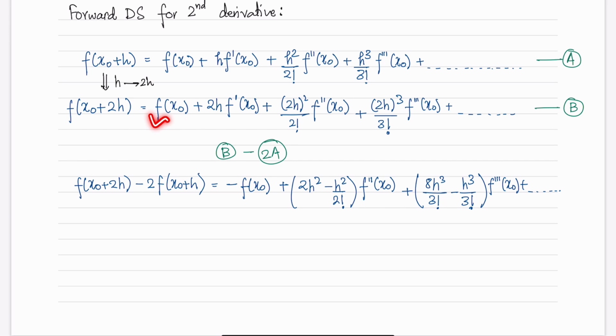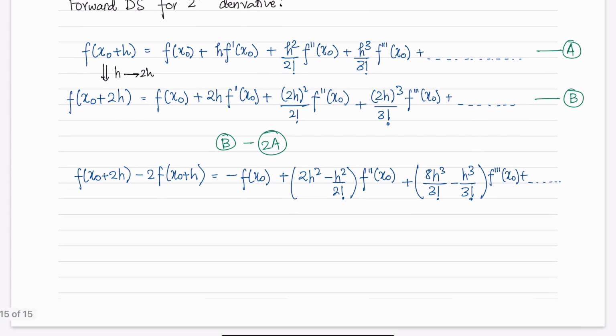So let me just double check whether the numbers are correct. We have f of x0 minus 2 times f of x0, that leads to negative f of x0. This term will get cancelled out, whereas this term is 4 times h square divided by 2 factorial, which is 2 times h square minus h square by 2 factorial, which is this. And the same thing is over here, 8h cube over 3 factorial minus.